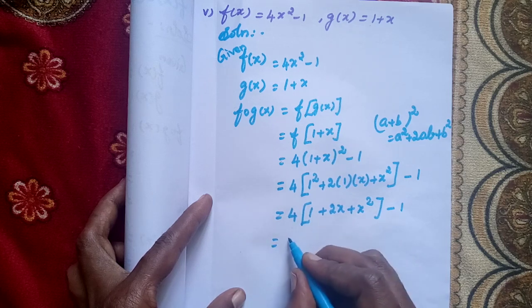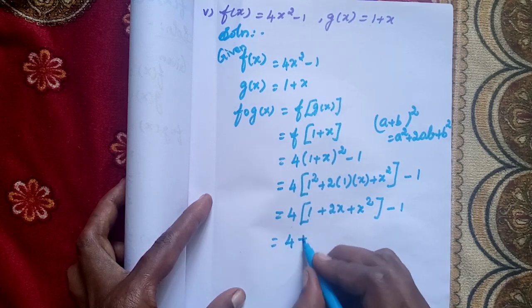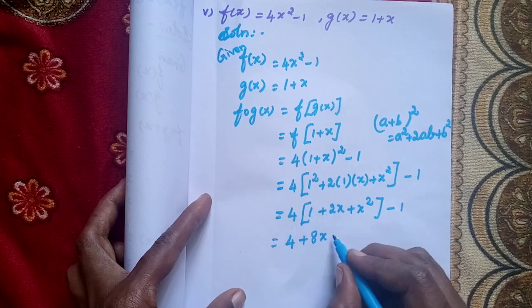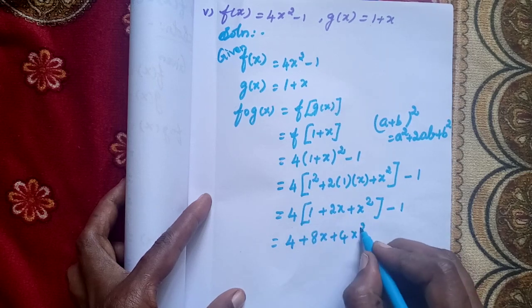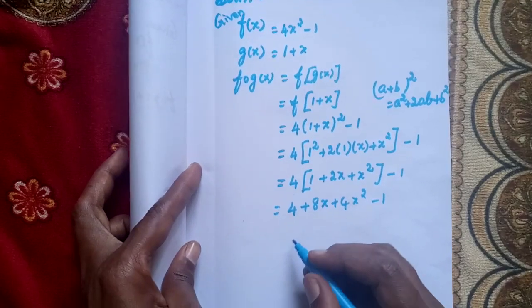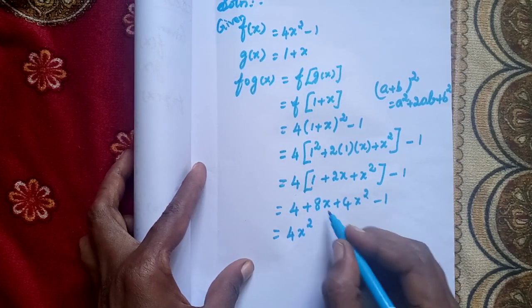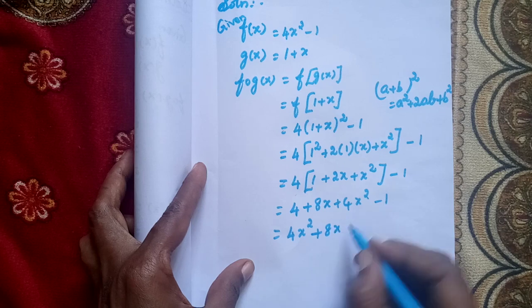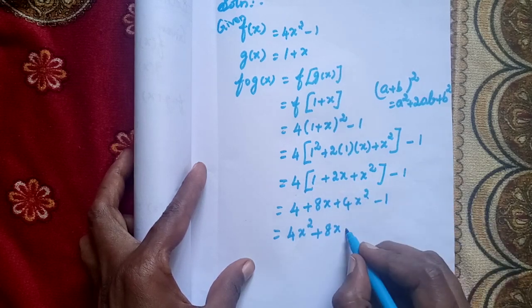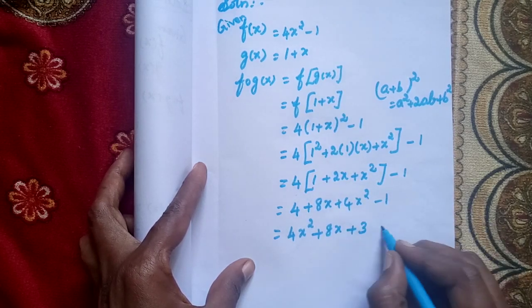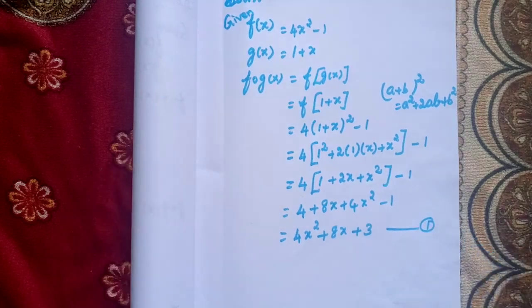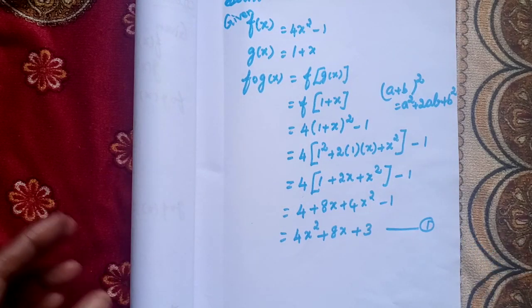Multiply 4 inside: 4 plus 8x plus 4x square minus 1. X square term first I am writing, 4x square. Next x term, 8x. 4 minus 1 is 3. Take it as equation 1.